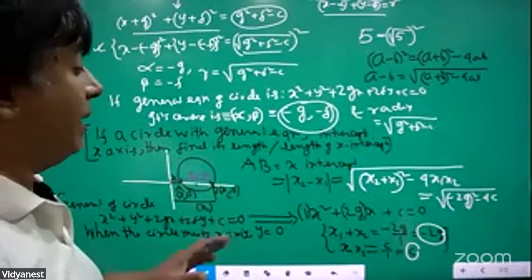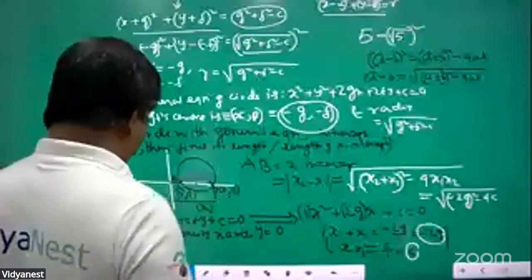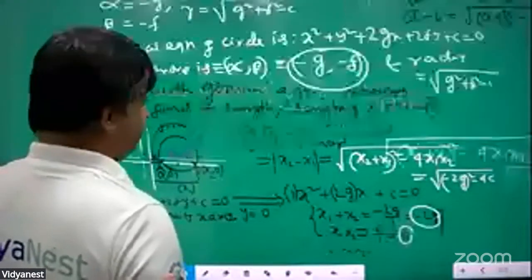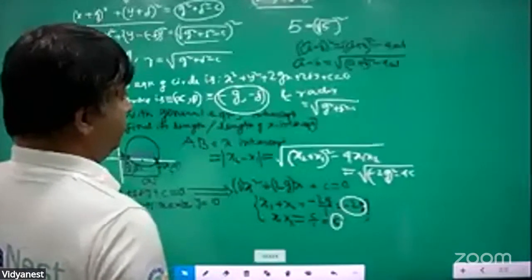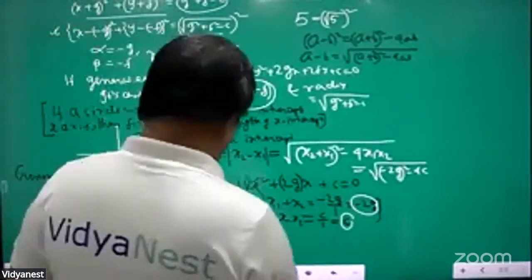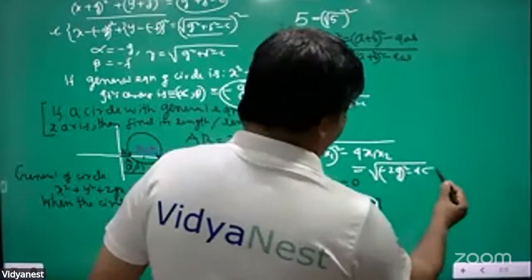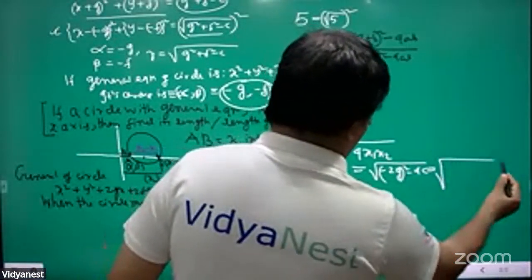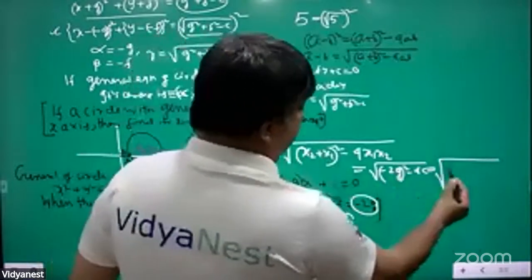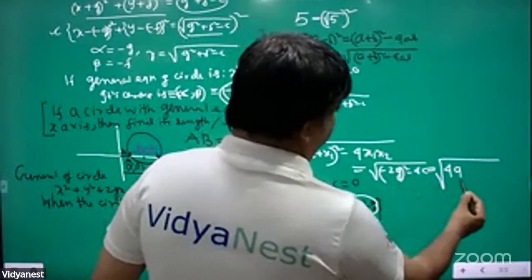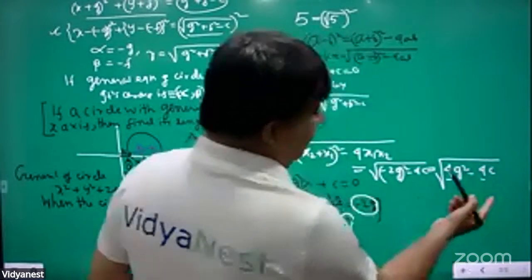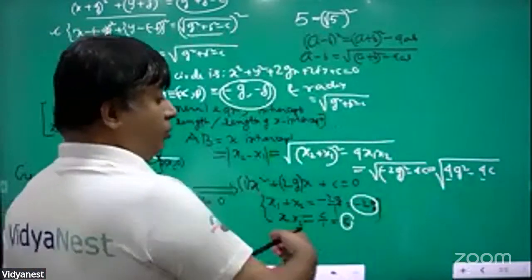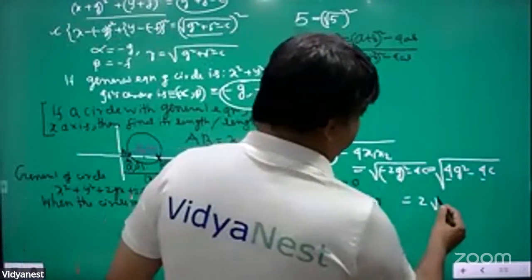So what maximum simplification can be done? See, minus 2g whole square means 4g square minus 4c. I can take 4 common out of the root, which comes out as 2.